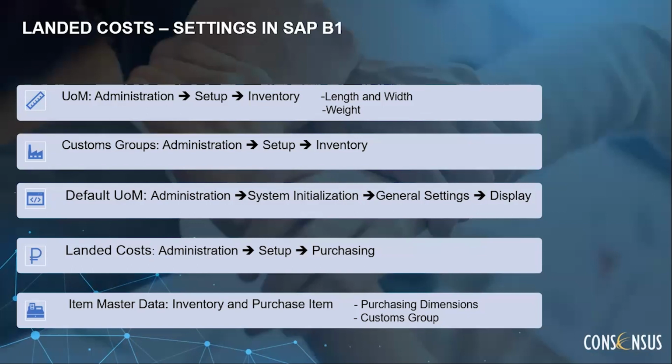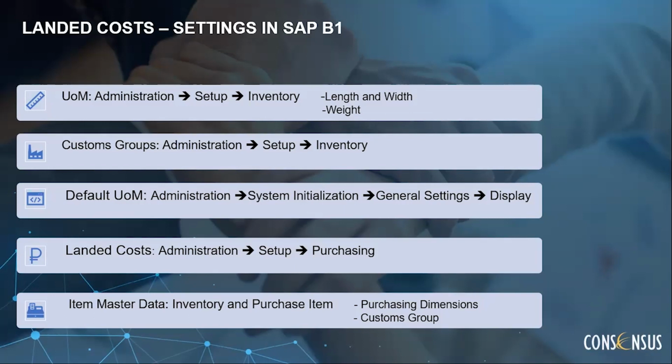Then the default unit of measure. It is in administration, system initialization, general settings, and the display. Why? Because in there we define the defaults, most of the time inches and pounds or ounces. And how many decimals are you using? Because sometimes if you have very small items where the volume is very low, maybe you need 3, 4, 5, even 6 decimals.